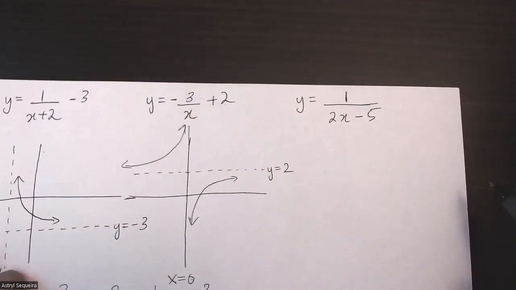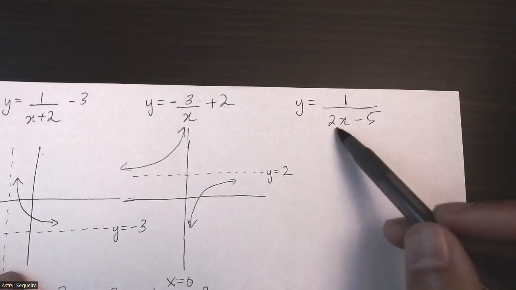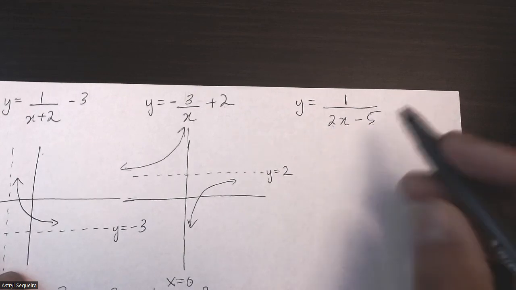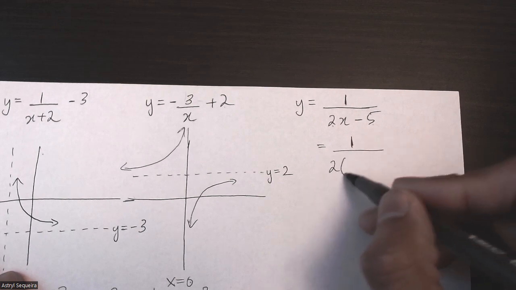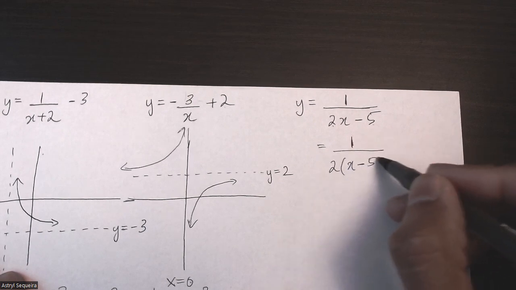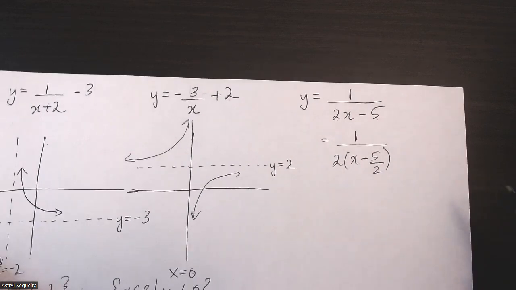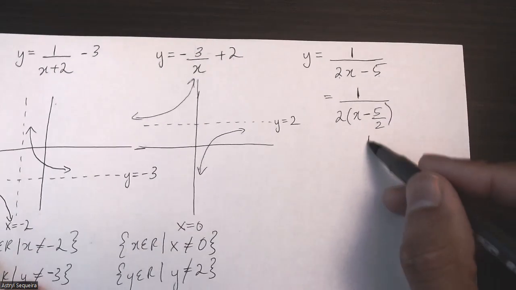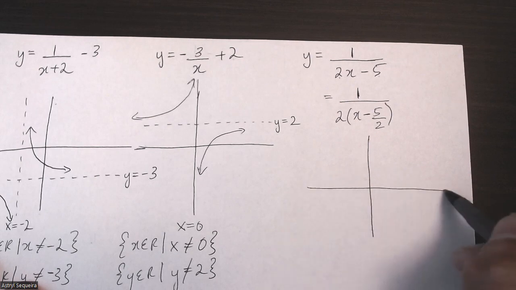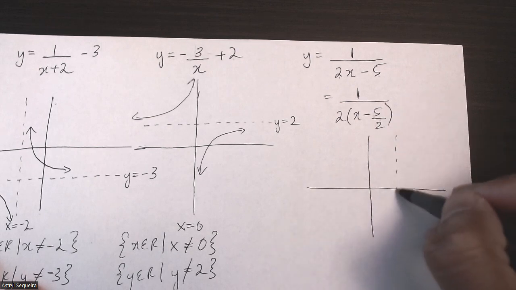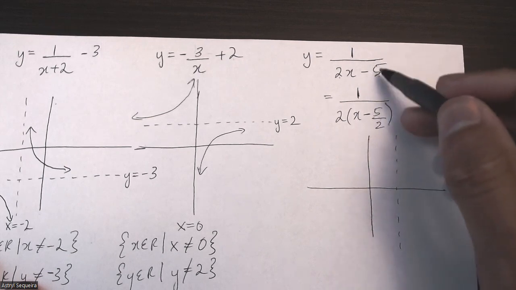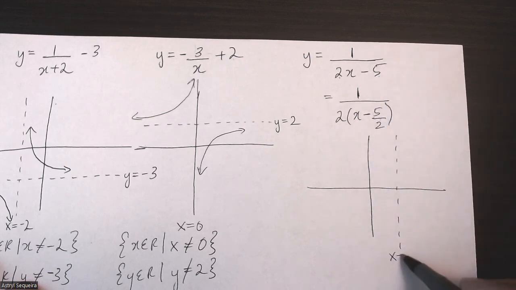Take a look at this third example over here. This one's actually a bit of a trick question because you have a k value and a d value. So you have to simplify it by factoring out the k value. And then you can do the sketch. If I sketch this, my vertical asymptote is now 5/2. It's not 5, which you might have thought from the original question.